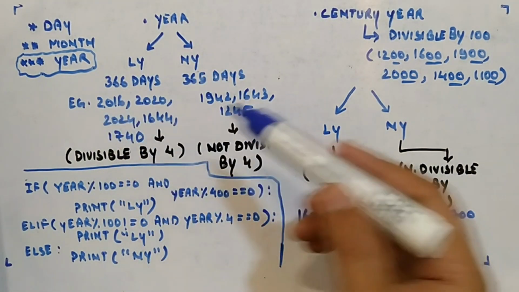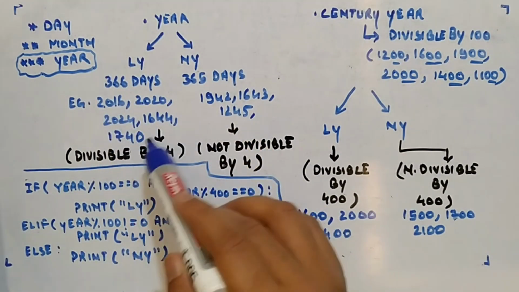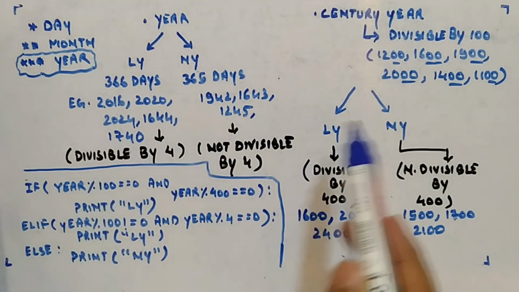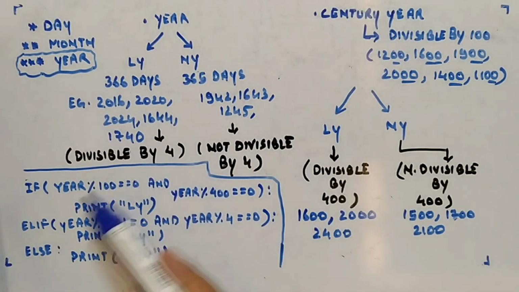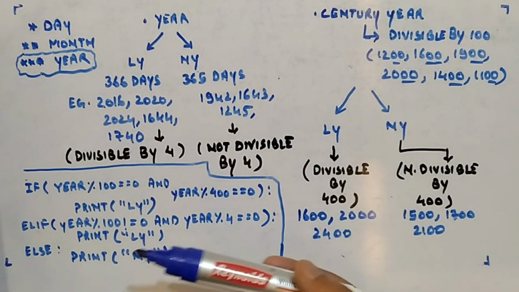These are not divisible by 100 and divisible by 4, so they will come here, and then also it is a leap year. That's why I have used else if. So two conditions we have covered. The third condition is else print normal year. Hopefully you are able to see how I have implemented this in 3-4 lines of code, that's all.